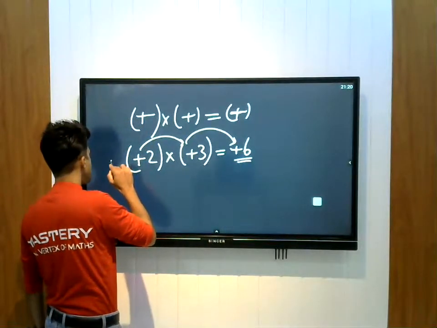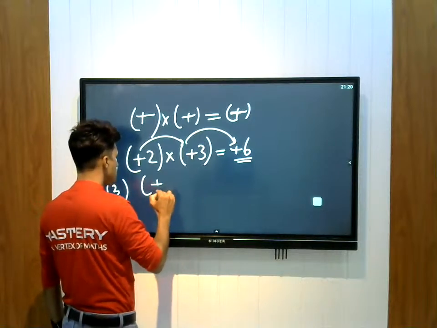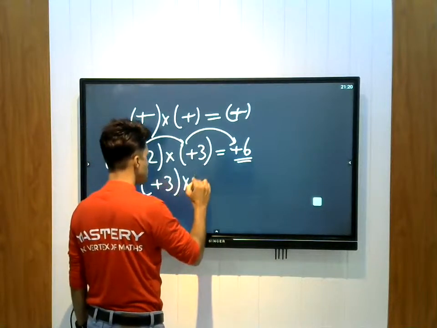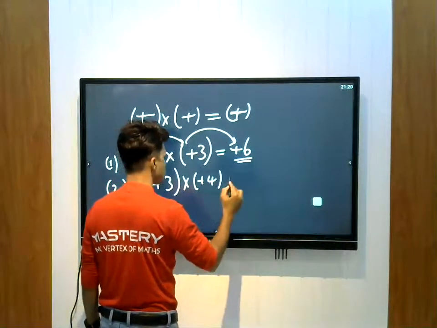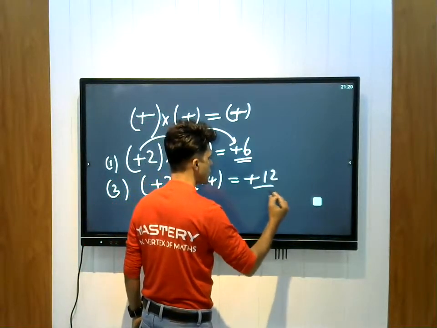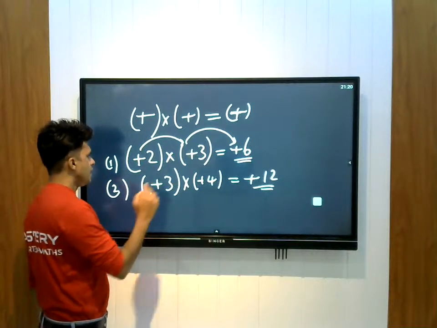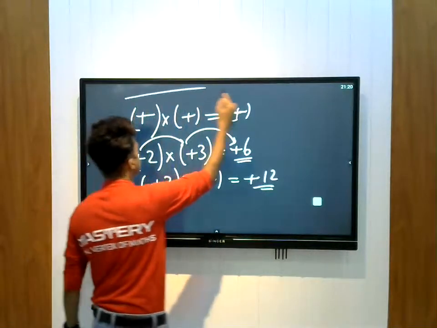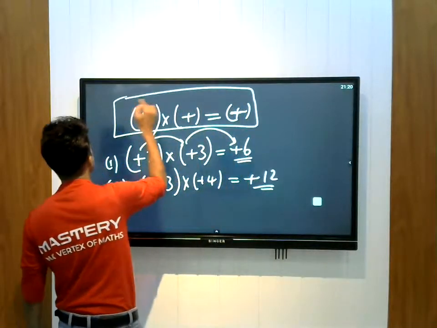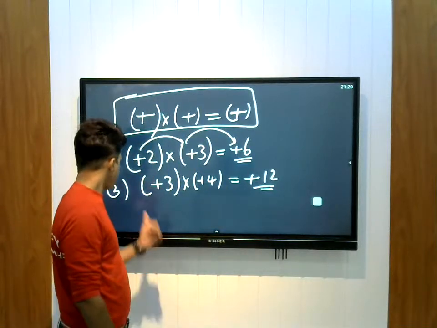Then this type of one: plus 3 into plus 4. Plus into plus is plus, 3 times 4 is 12. The answer is plus 12. Bear in mind that plus into plus is plus.